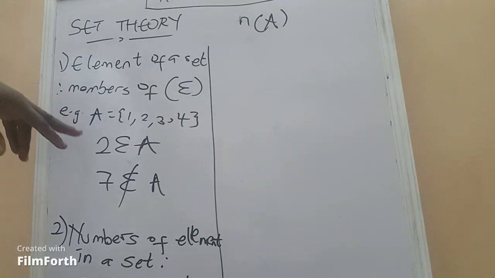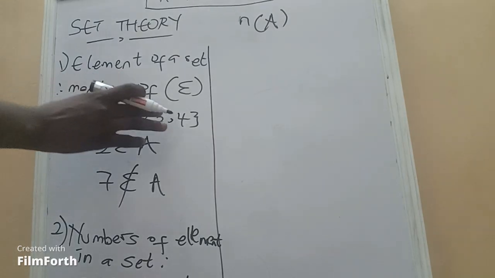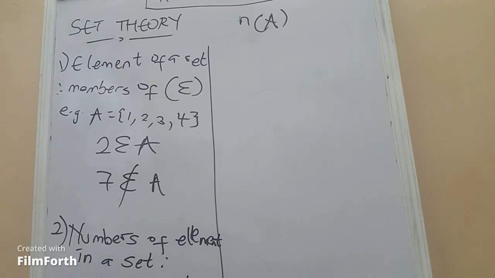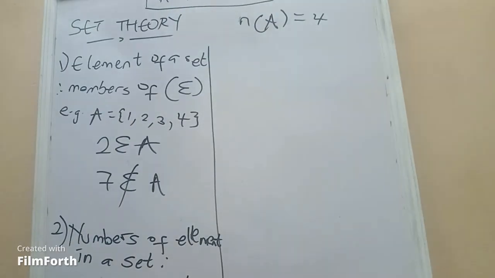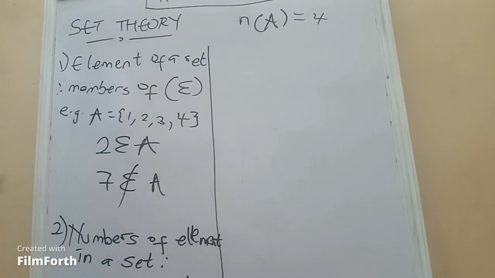I said set A has 1, 2, 3, and 4 as the elements. If you are asked to look for the cardinal number of this set A, the answer is going to be 4, because it contains 4 elements: 1, 2, 3, and 4.